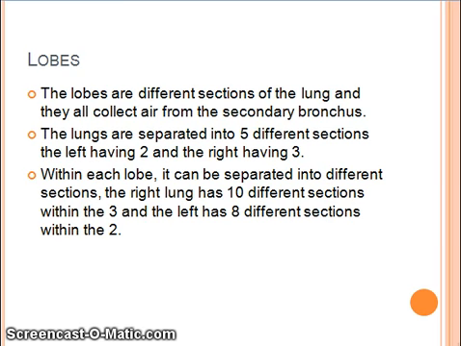The right lung has 10 different sections within 3 lobes, and the left has 8 different sections within the 2 lobes. Each of these are separated by connective tissue. This means that if one lobe becomes infected, then the others don't become infected because of that. And the infected lobe can then be removed so you can live healthily.